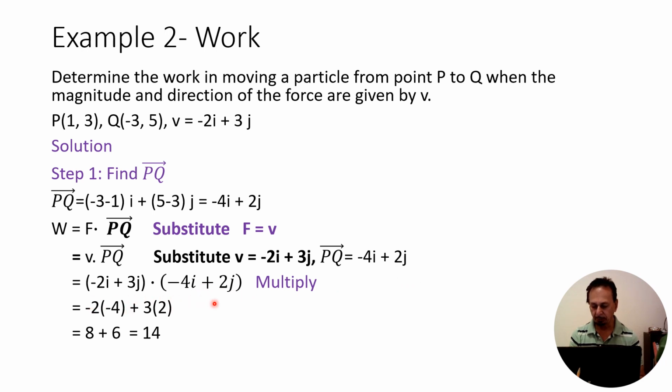Now we take the dot product: you just multiply the -2 with the -4, ignore the i, then multiply 3 with 2, ignore the j's. So you have -2 times -4 plus 3 times 2. -2 times -4 is 8, and 3 times 2 is 6. 8 plus 6 is 14. So the 14 is the work.